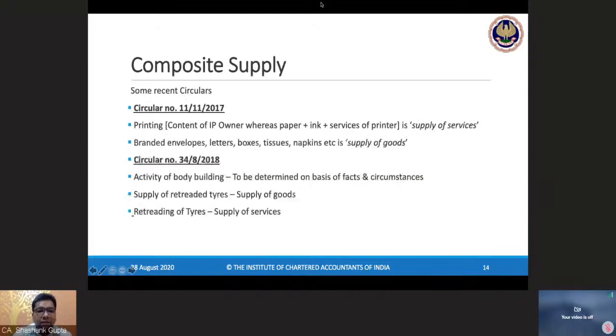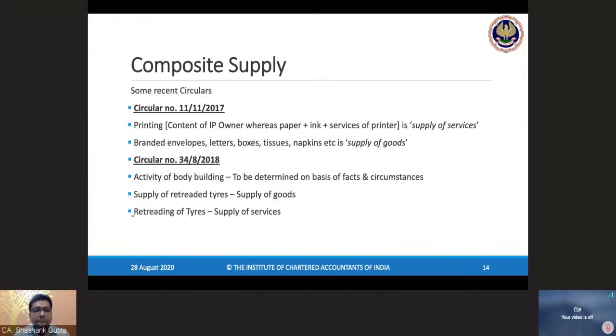Moving back to our discussion. Some more specific clarifications with respect to composite supply and mixed supply.